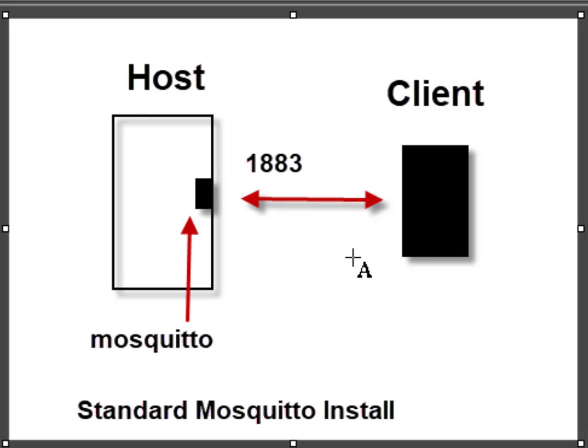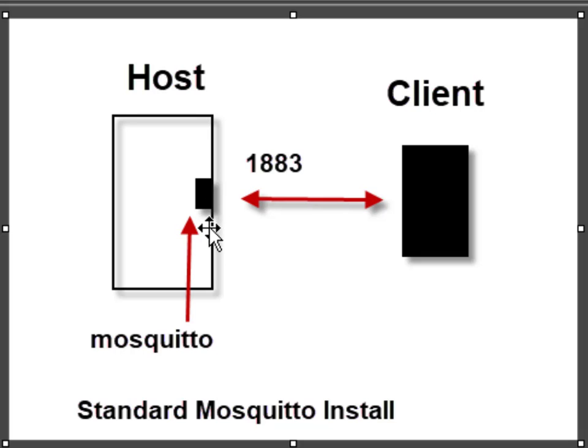Now if we're running multiple listeners, then we'll have different ports here. Port 1883 is in use on this host, and so no other application can use this port. So if you try to start Mosquitto twice on this host, it will complain. To connect your client to this host, you use the host IP address or the host domain name and the appropriate port that Mosquitto is running on.